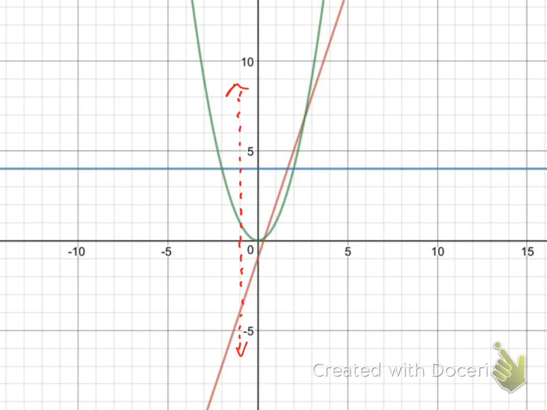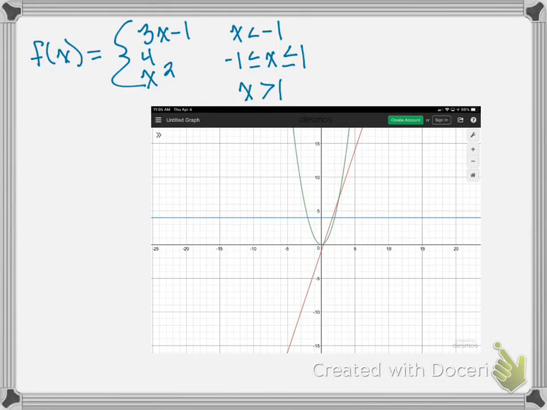So less than -1 is this way, right? On the x-axis. So I am going to only follow this. And in my particular screen, there's not that much of it.